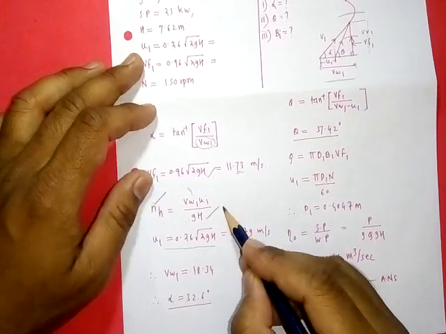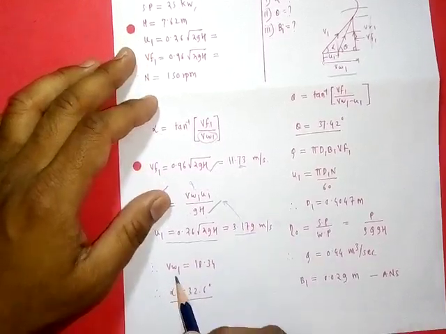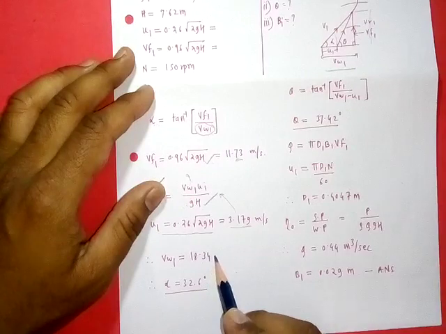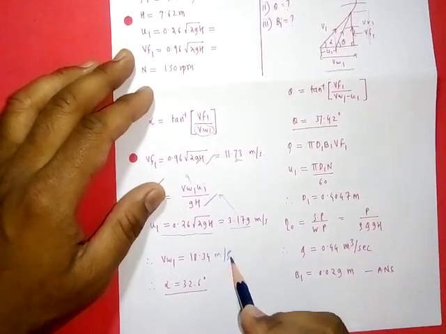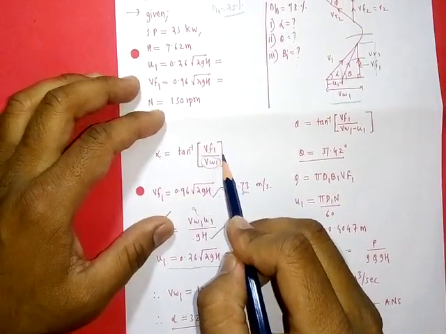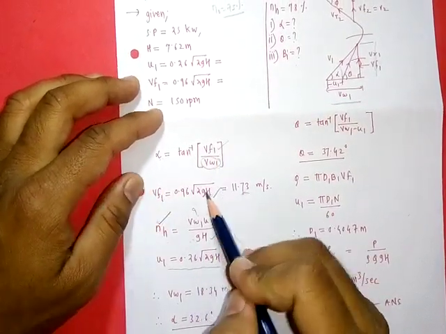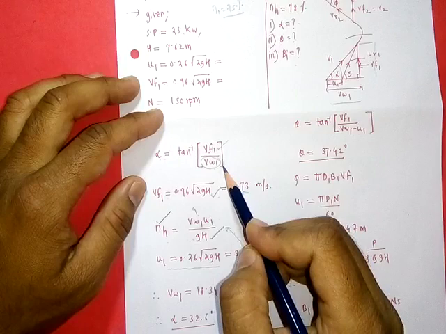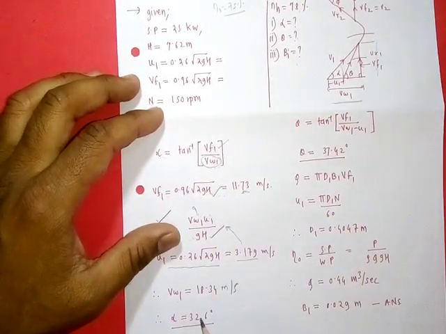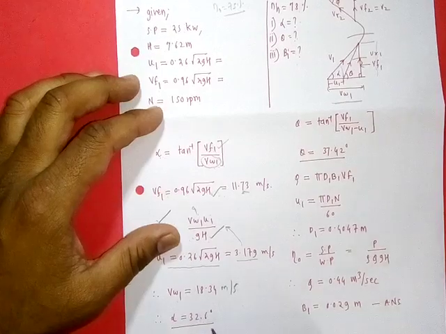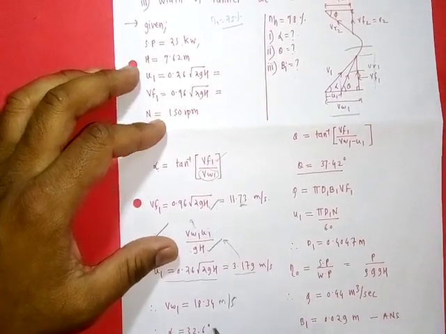Putting this value in the above equation, we get vw1 as 18.34 meter per second. Put this value in our first equation; vf1 is known and vw1 is also known to us now. Then alpha comes to be 32.6 degrees.